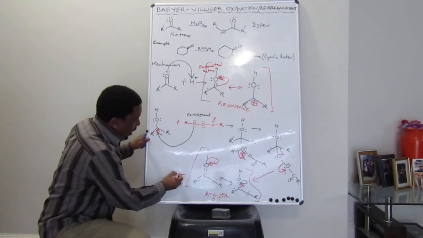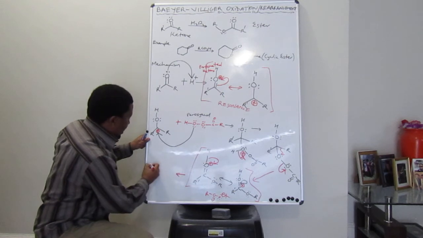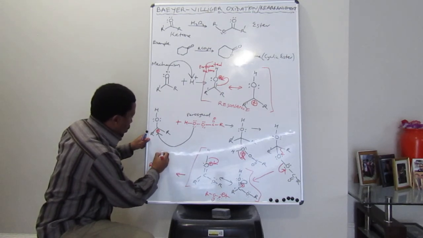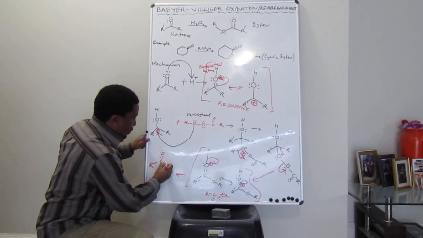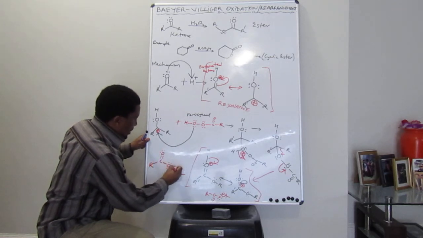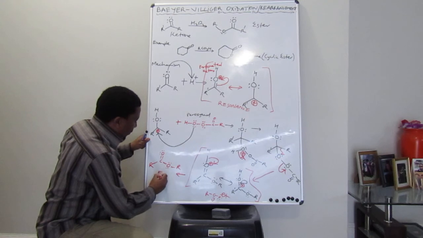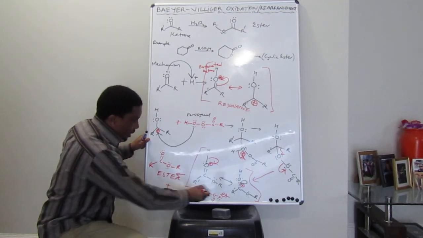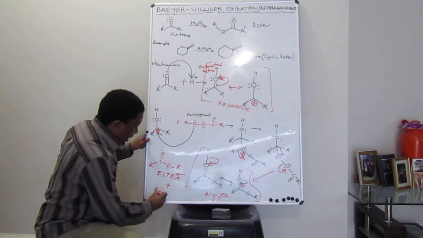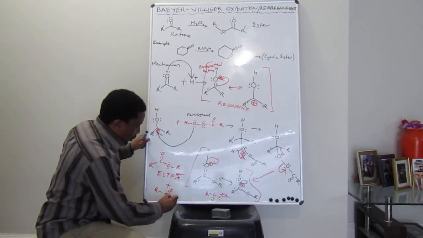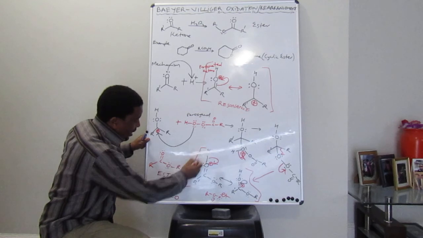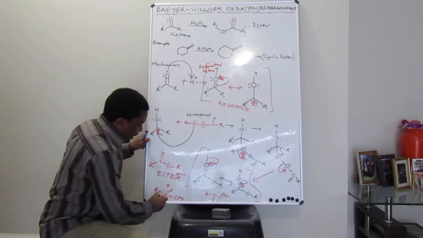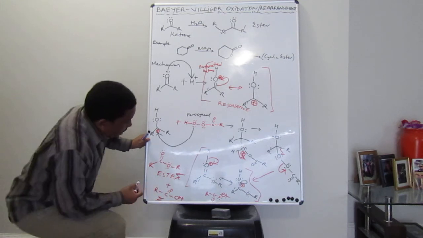Then here, I will now be left with my ester R bonded to C double bond O, bonded to O, this R. Then I have formed my ester. If I wanted to, I could even show that one, R, C double bond O, O minus, then getting that H plus here, then you get this carboxylic acid, right?